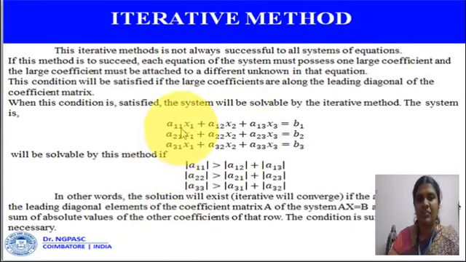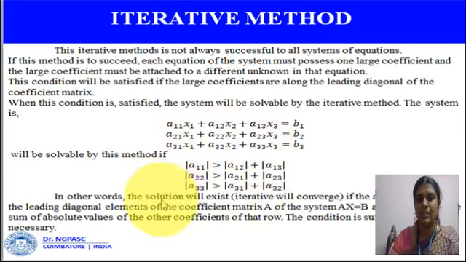So here we have a11 x1, a12 x2, a13 x3 equal to b1. We have a system of three equations with three unknowns, and the leading diagonals here are a11, a22, a33.